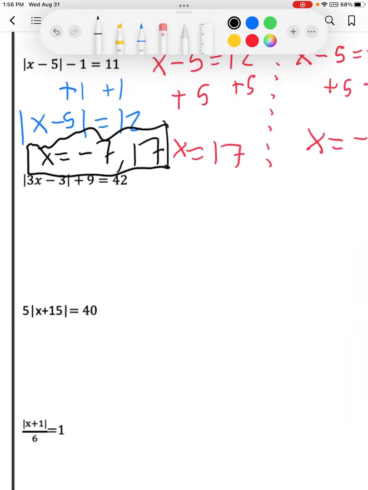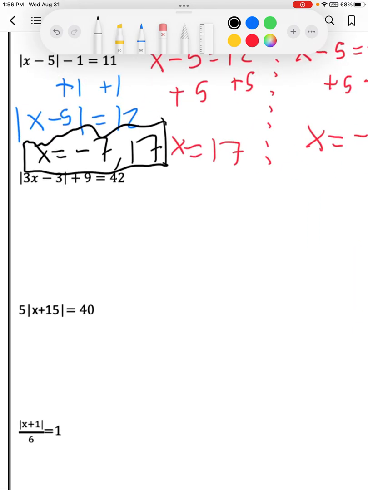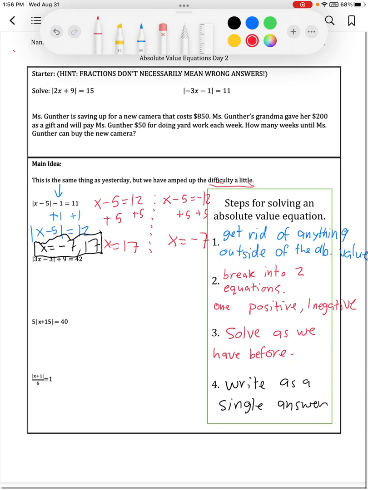All right, let's keep working. We have the absolute value of 3x minus 3 plus 9 is equal to 42. So let's go ahead through our steps again. Get rid of anything outside the absolute value. In this case, that's a 9. It's being added, so we have to undo the addition by subtraction.